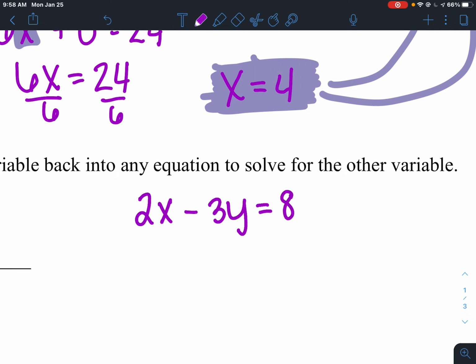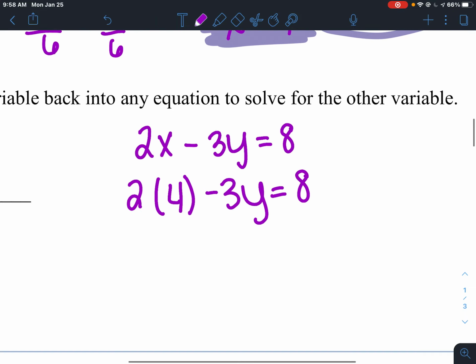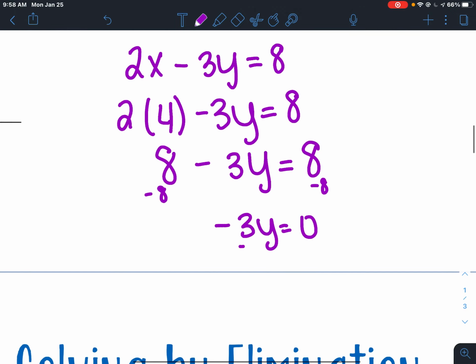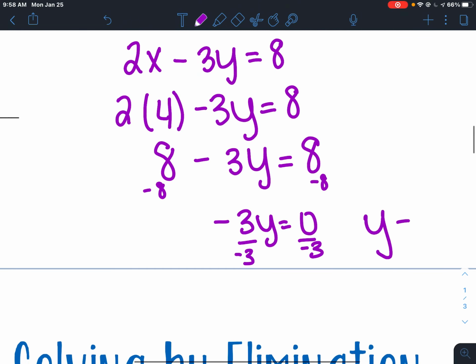If I'm plugging in 4 for x, I'll have 2 times 4 minus 3y equals 8. So 8 minus 3y equals 8. Subtract 8 from both sides. Negative 3y equals 0. If I divide by negative 3, y will equal 0.